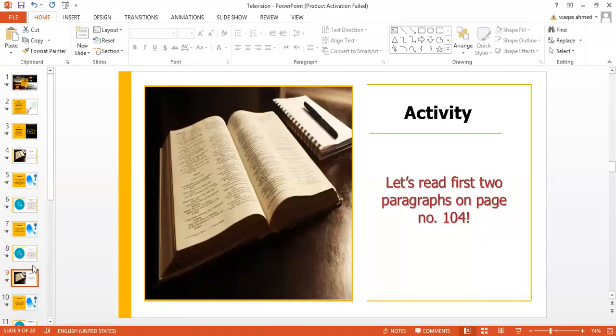We have to read the first two paragraphs on page number 104. Let's quickly move towards page number 104, and confirm that you are here in the classroom. What about Abdullah Farhan? Ahmed, Ejaz. I don't know if he's there or not.